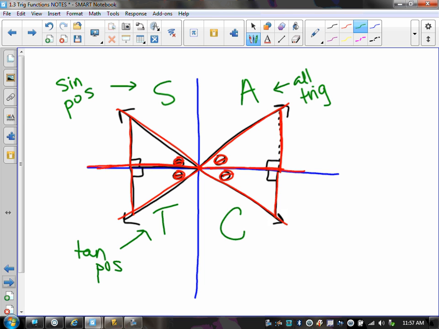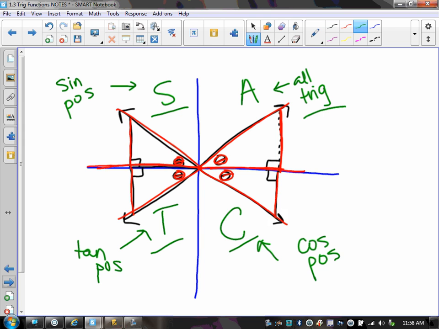Sine should be negative, cosine should be negative, but tangent should always be positive. And in this quadrant, cosine should always be positive. All positive, sine positive, tangent positive, cosine positive. All students take calc. If you can remember that, it'll help quickly make sure that you have your signs the right way, whether they're supposed to be positive or negative.